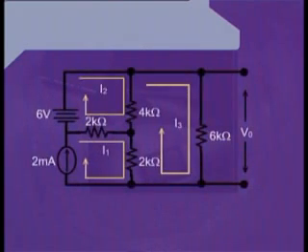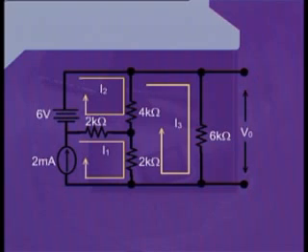Now, if we consider the bottom left mesh as mesh number 1, the top left mesh as mesh number 2, and the mesh which is in between the circuit, we assume that it is mesh number 3.